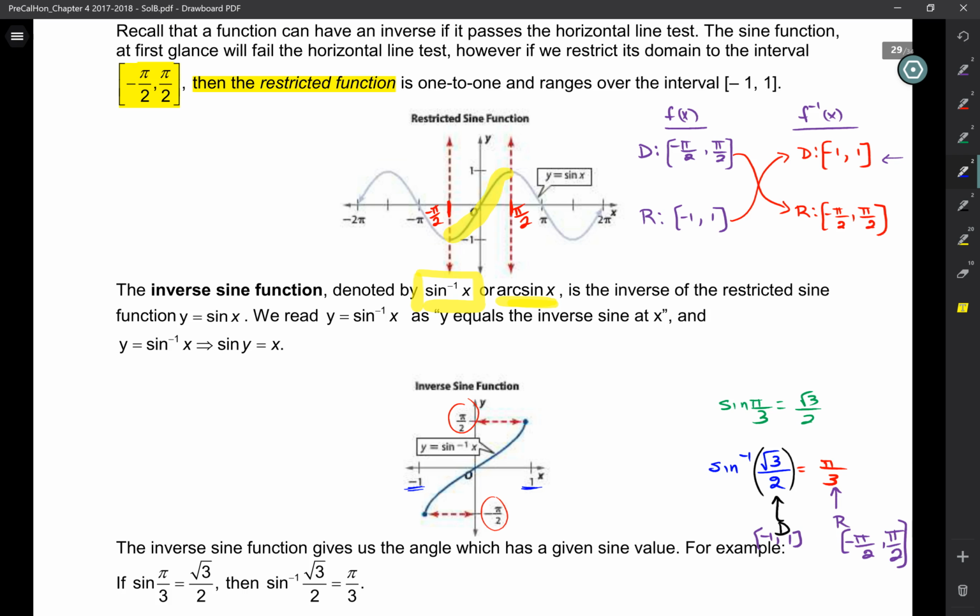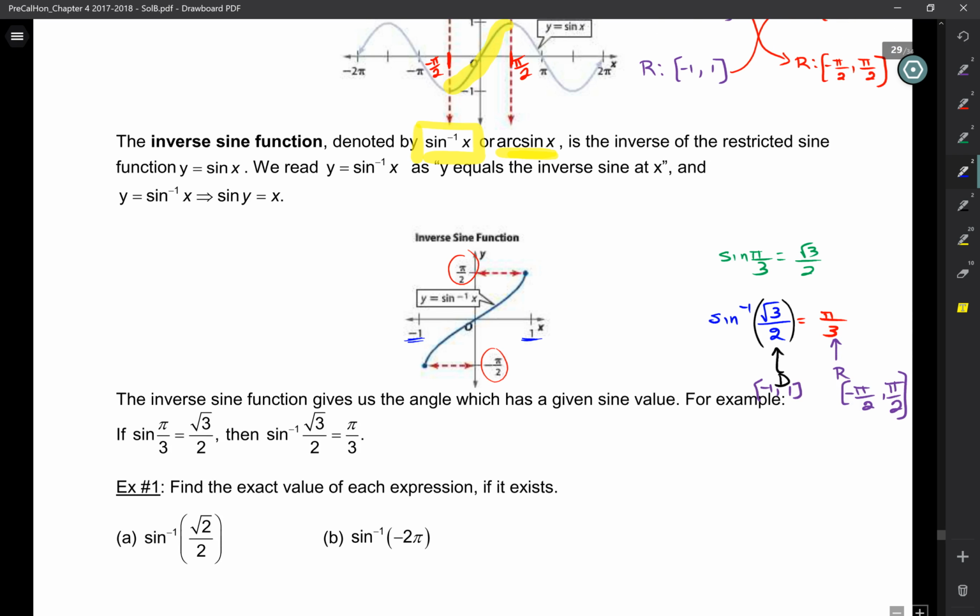Now on the unit circle, the region between 0 and pi over 2 corresponds to which quadrant? It corresponds to quadrant 1. Now, the region from 0 to negative pi over 2 corresponds to which quadrant? Fourth quadrant.